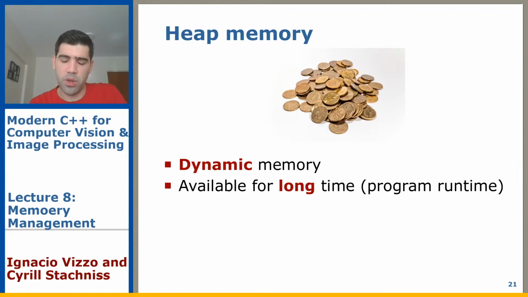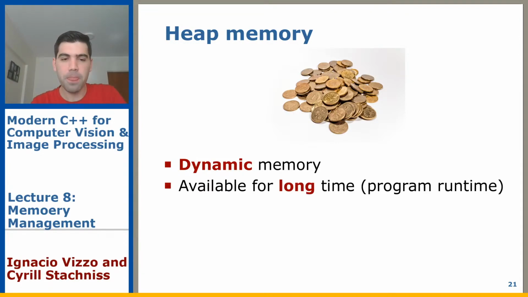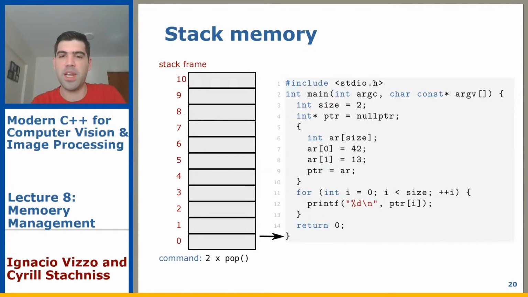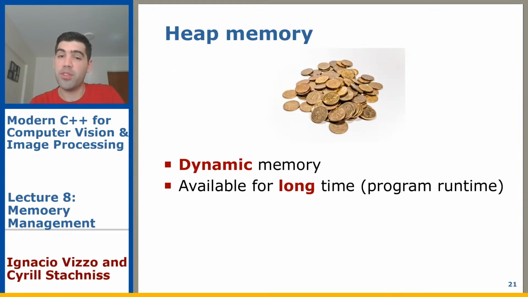This will also be dynamic, meaning it happens at runtime, and this will be available for a long time. In C++, there is no such thing as the Linux kernel removing these variables like we did here with the stack when you reach the end of the scope. Whenever you allocate memory on the heap, it will be there until your program dies.